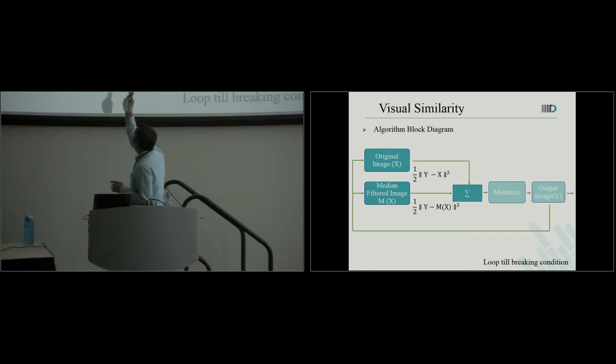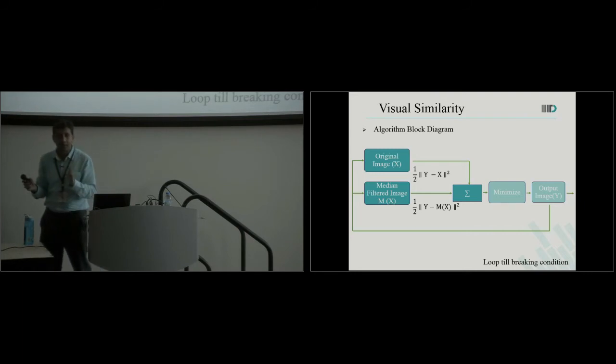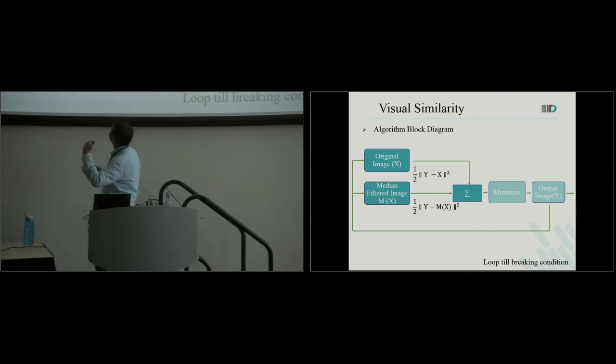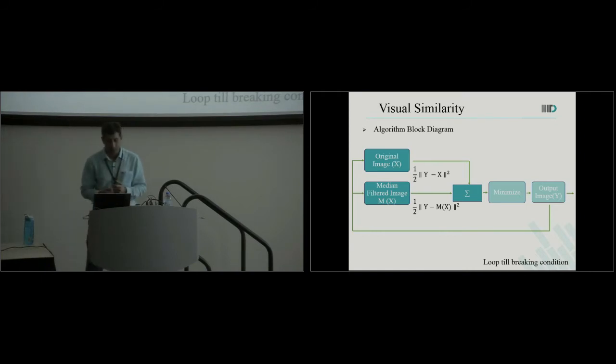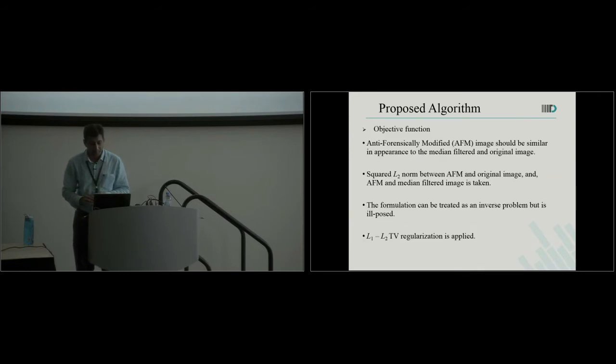On the top, we have the first term, which is the distance between the output image and the input image. The second one is the distance between the output image, y, and the median filtered image, where m is any function, in this case a median filter function, and x is the input image. So we are taking the distance between the output and the input, and the output and the median filtered function. So this is about the visual similarity.